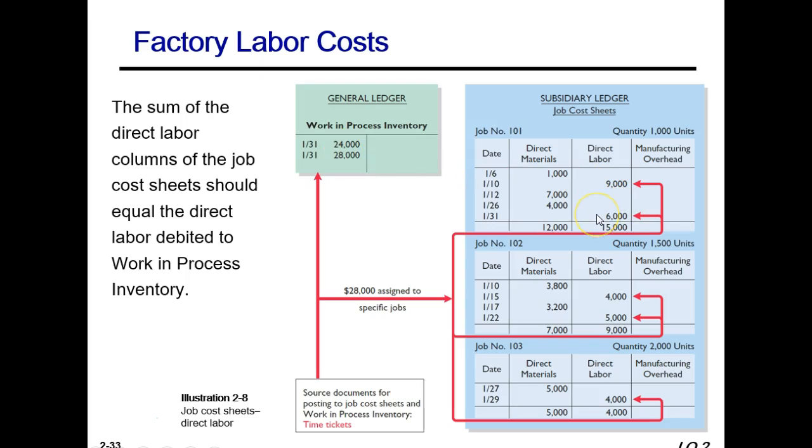So as you see here, on January 31st, we had $24,000 of work in process for materials. I believe it was materials. And then we have $28,000 of direct labor getting assigned to specific jobs. The 15, the 9, and the 4, the labor is going right into work in process.